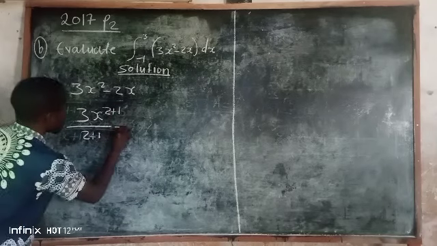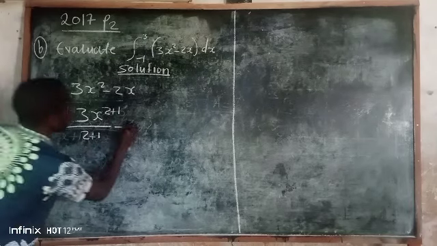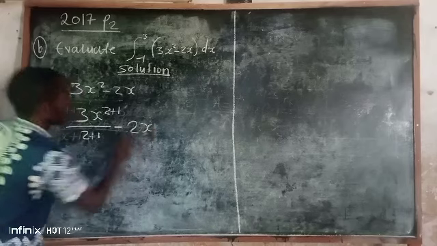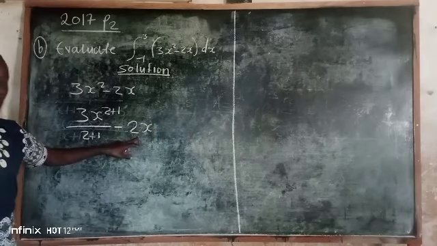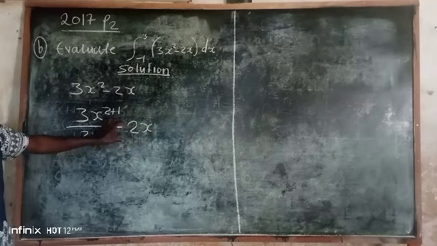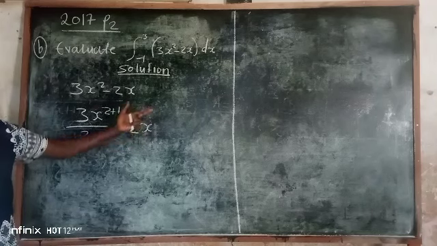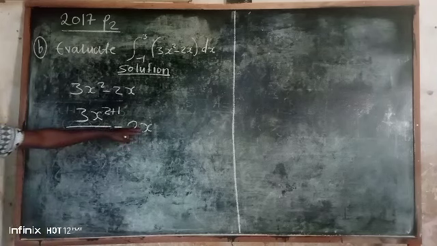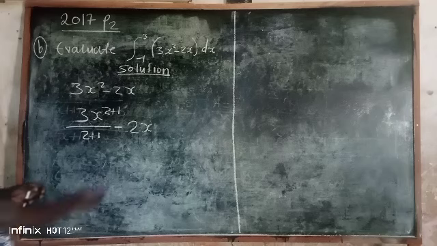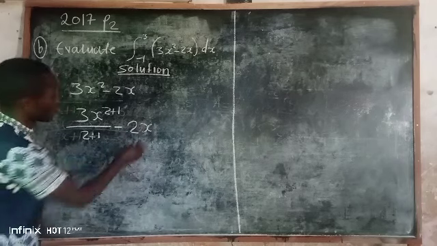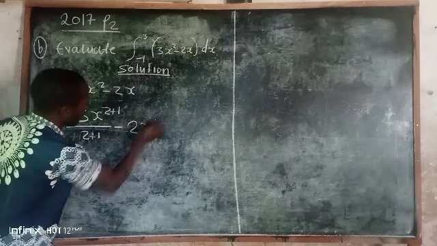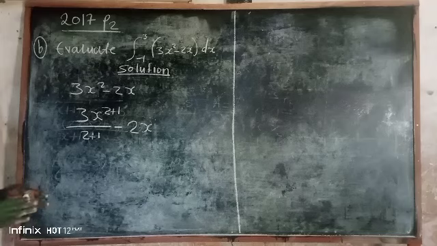Then minus, here we have 2x. Remember in mathematics, when you have a variable like this one, which has got no power, just know that the power is 1. You cannot see the 1, it is not shown, but you have to know that the power is 1. Any letter or number with no power is raised to power 1.